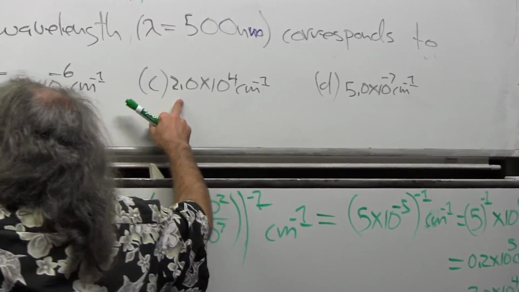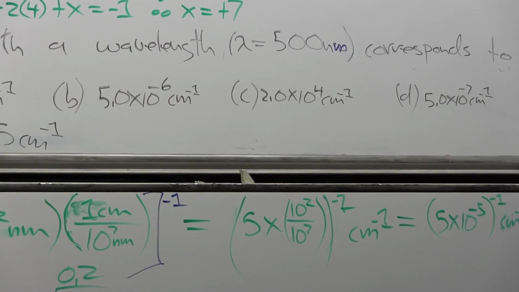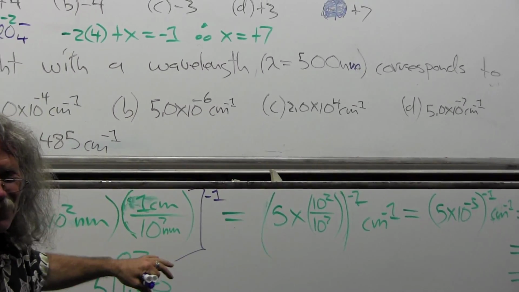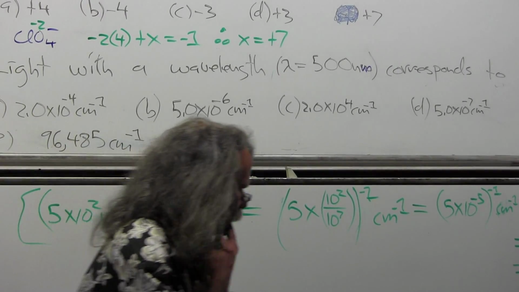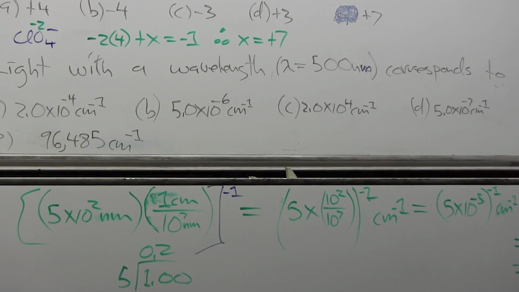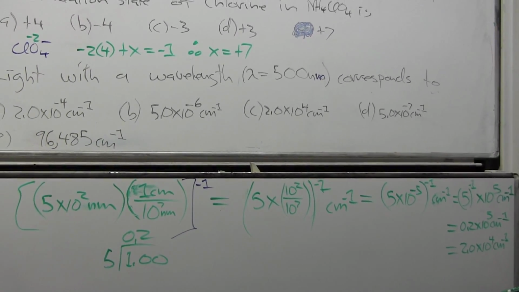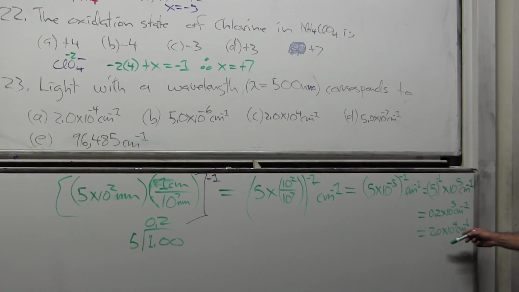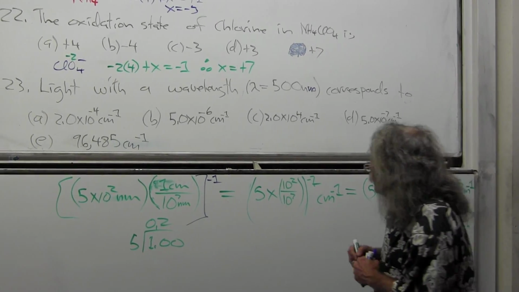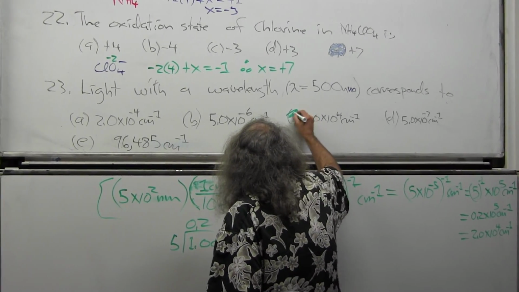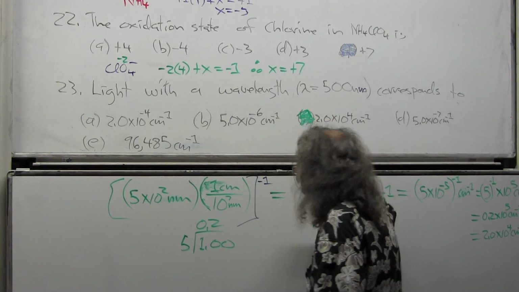So it had to be either this one or that one, and I know it went back to the -4th, so we could have answered the question a minute ago without going there. But I think going this distance was good. So this is a straightforward conversion, and that's all that is, and that is option number C. So on your Scantron and on your test, fill in the bubble.